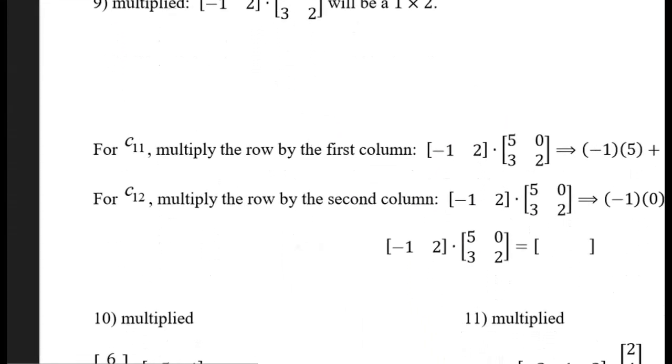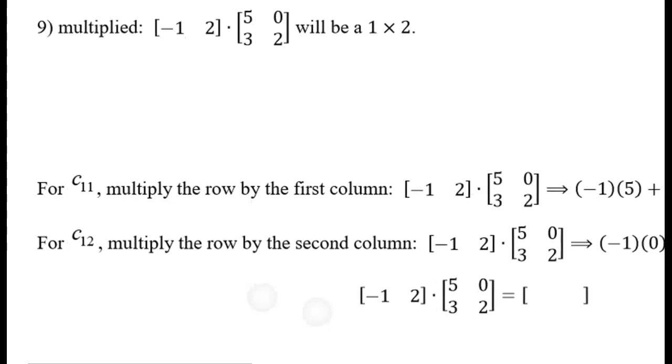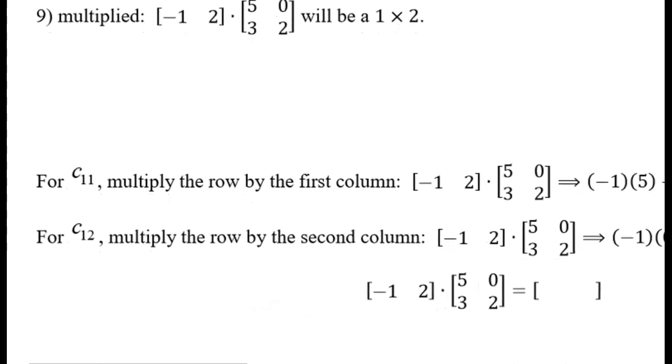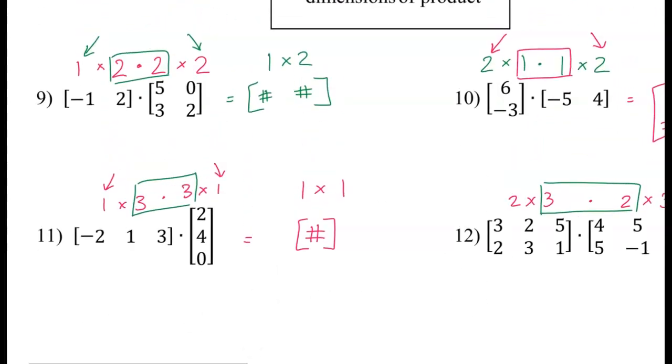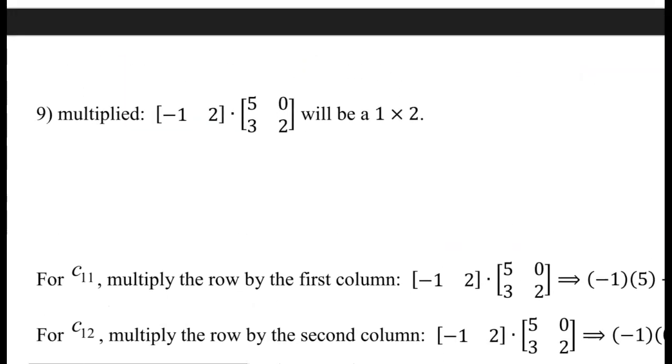So if I'm looking at this example here, which is the same as example 9 that we were just looking at, we have a 1 by 2 and a 2 by 2. So we can multiply it, and the resulting will be a 1 by 2.